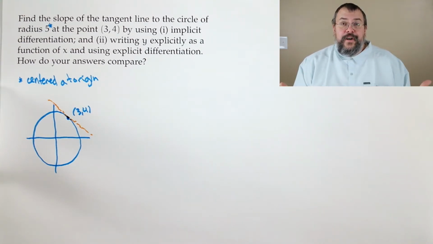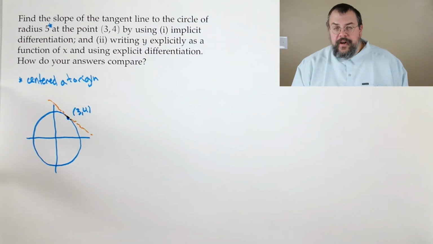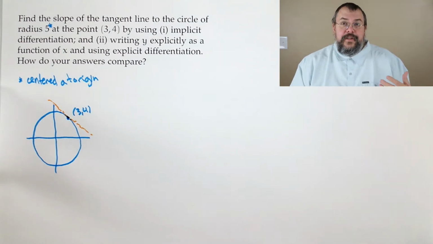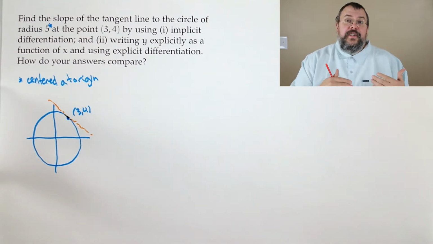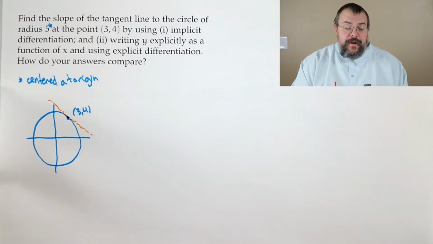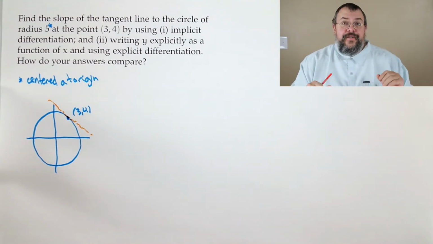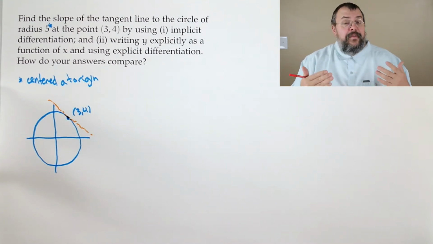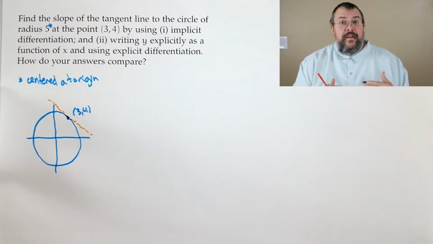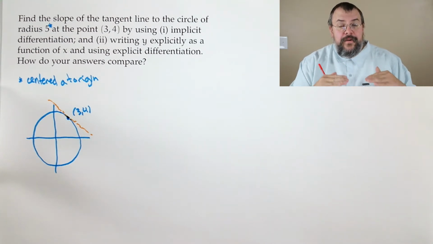Which one was more enjoyable? Because we want to do the thing which is a more straightforward process and which is more fun. In particular, we want to do the process which is less likely for us to make a mistake, because our goal is to try to minimize mistakes. I don't want to say our goal is to eliminate mistakes, because let's be honest, it's going to be tough to eliminate mistakes, but we should try to make fewer and fewer.